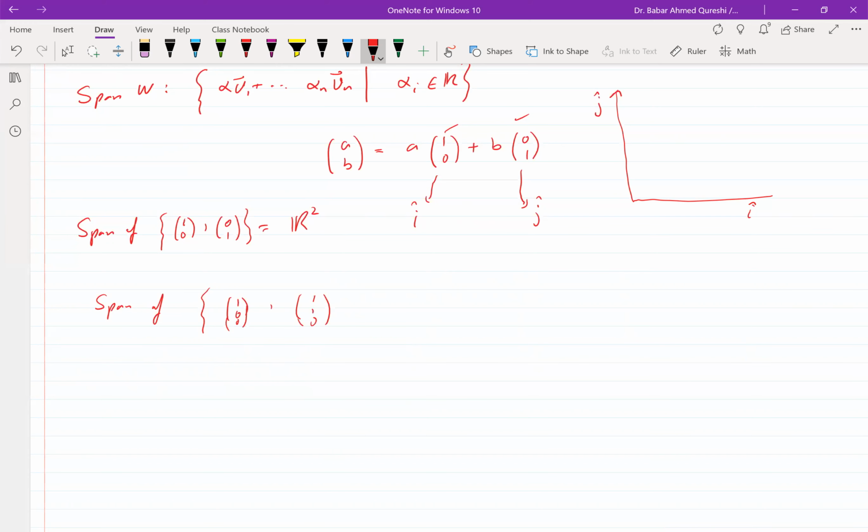Now I'm considering three-dimensional space, vectors with three components. One is in the i direction and one is, let's say, sticking out like this. So it will fill out that plane.